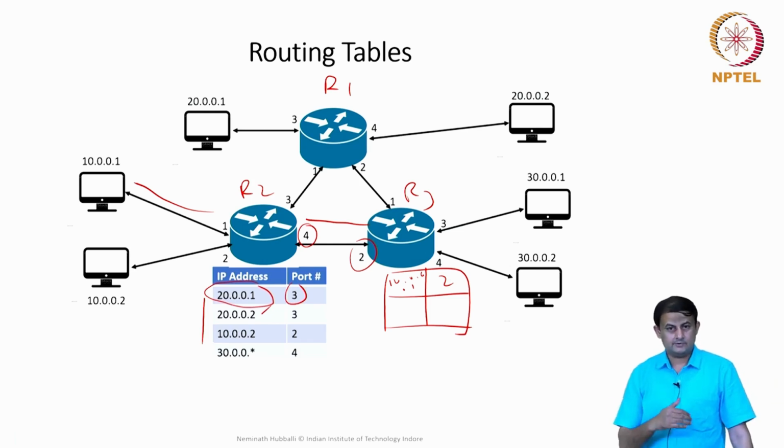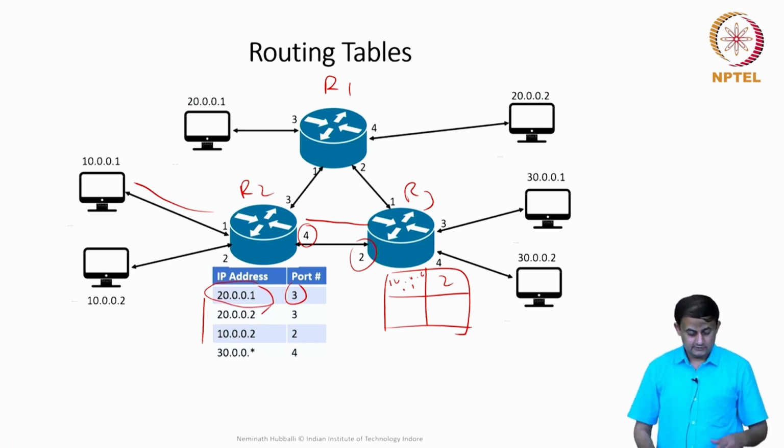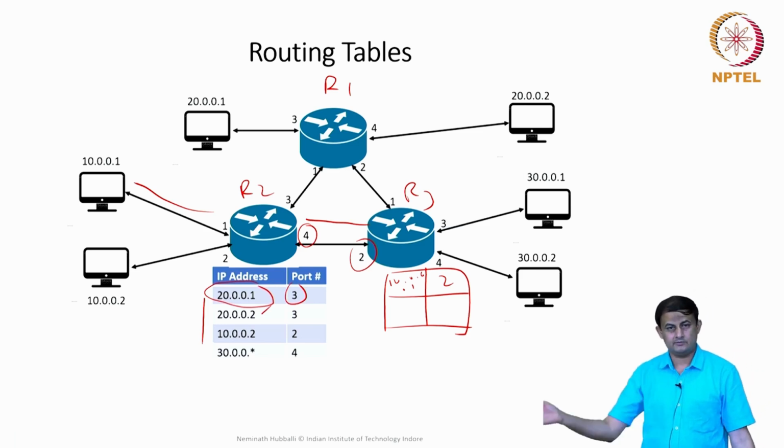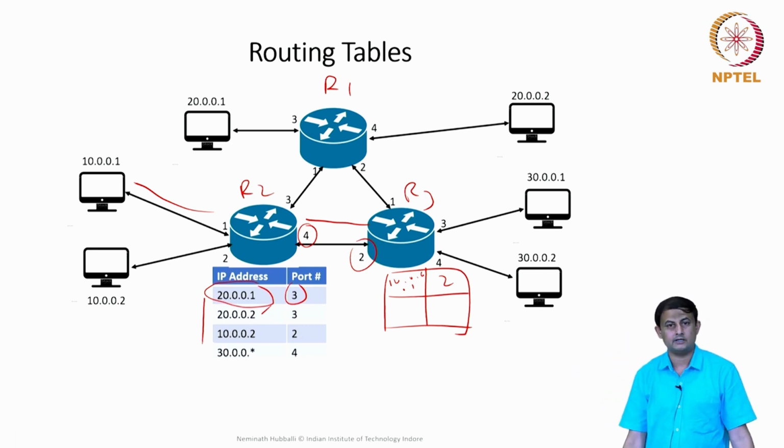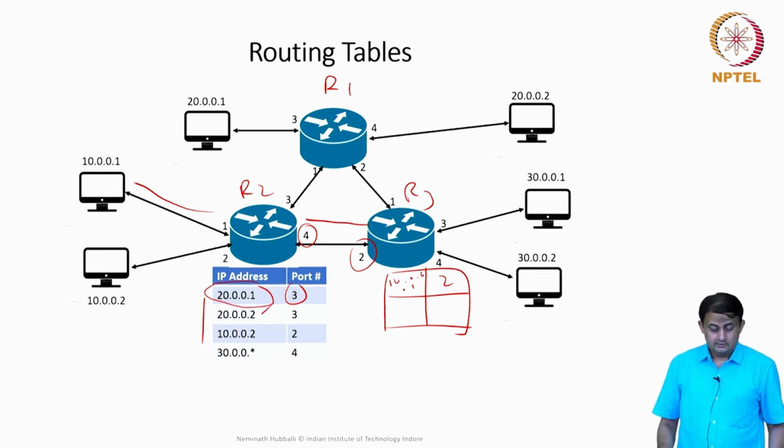The objective of this module is this: it seems to be simple. You have a routing table, you receive a packet, look into the header field of that packet, look at the destination IP address, and then send it to one of the output ports according to what the routing table says. But it is not that simple.